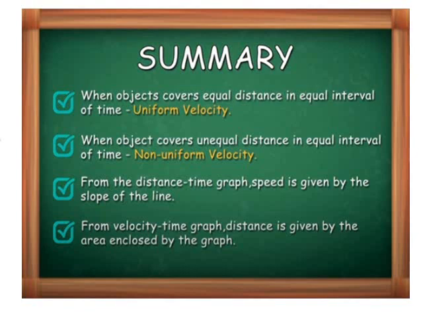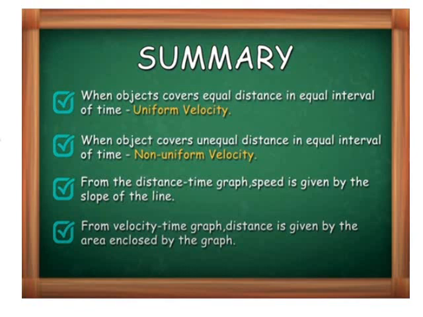Secondly, when the object covers unequal distance in equal intervals of time, then their motion is said to be non-uniform velocity. Third point, from the distance time graph, speed is given by the slope of the line. From the velocity time graph, the distance is given by the area enclosed by the graph.